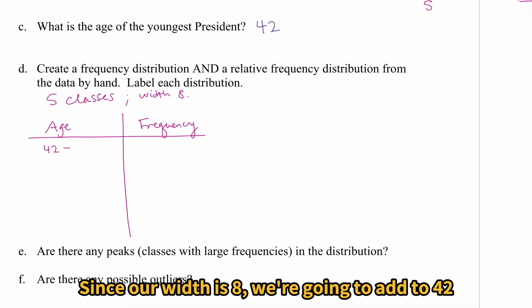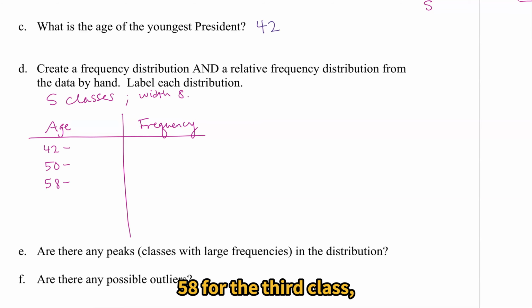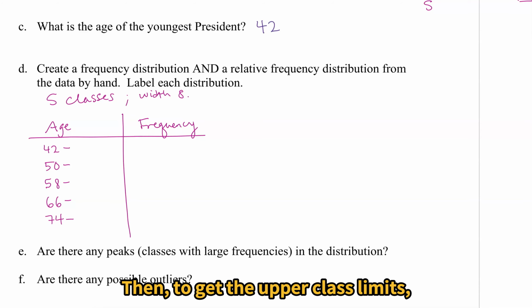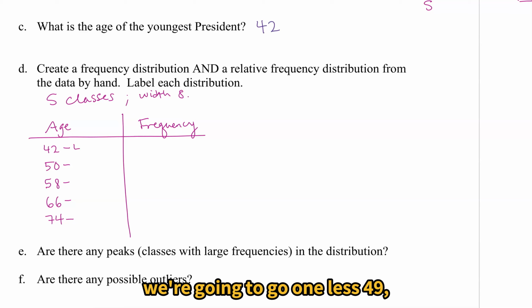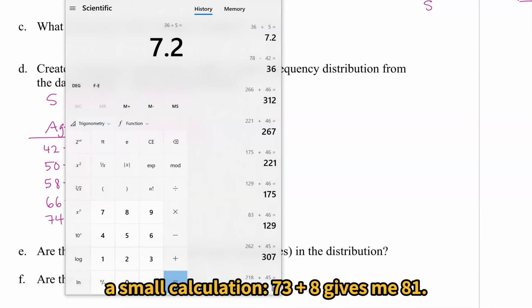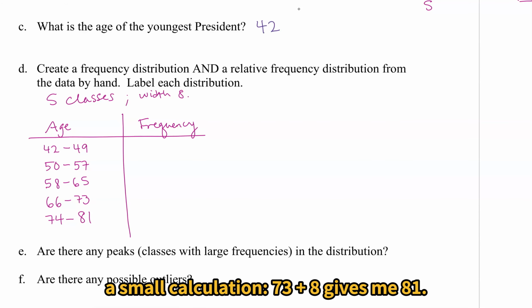Since our width is 8, we add to 42 and get 50 for the next class, 58 for the third class, 58 plus 8 will be 66, 66 plus 8 will be 74. Then, to get the upper class limits, we go 1 less: 49, 57, 65, 73. And to get that last one, 73 plus 8 gives me 81.